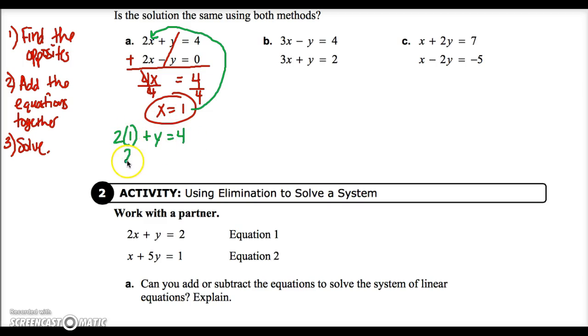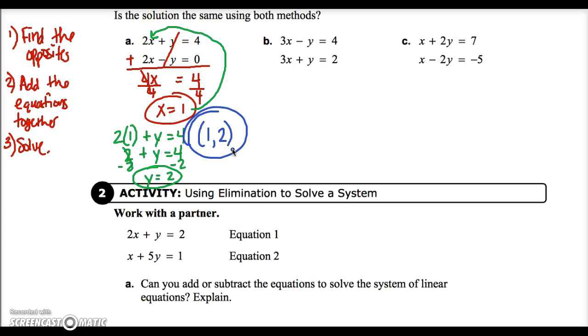Well, 2 times 1 is 2, plus y equals 4. And to get that y by itself, I need to subtract 2 on each side. So y equals 2. So we have x, we have y. Your solution to this system would be the ordered pair 1, 2. Remember, we always list it as an ordered pair.